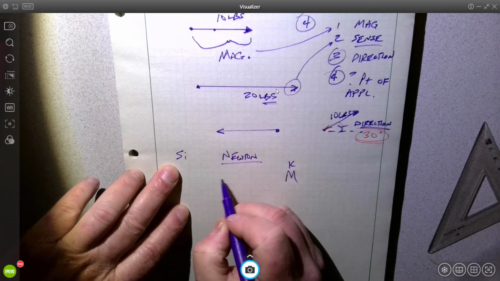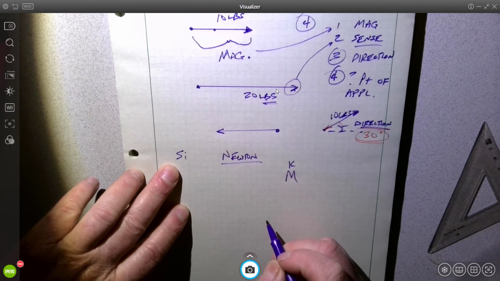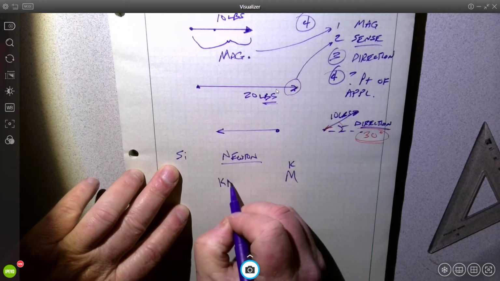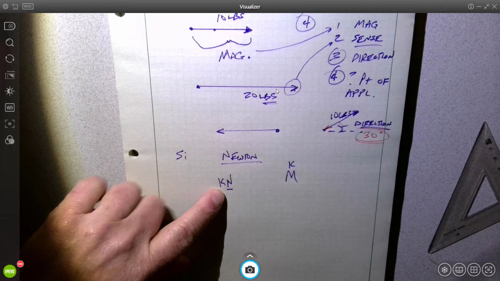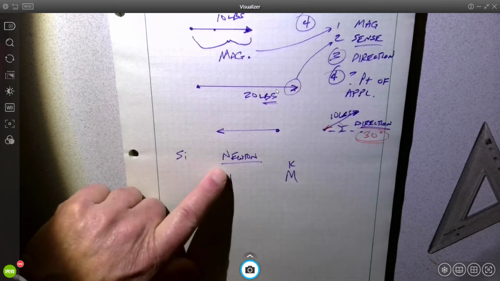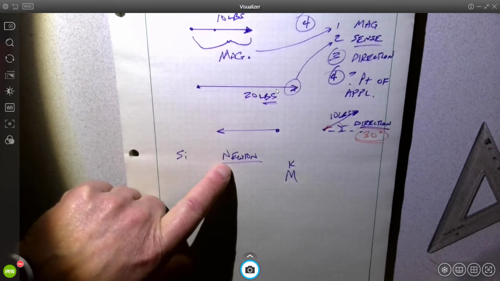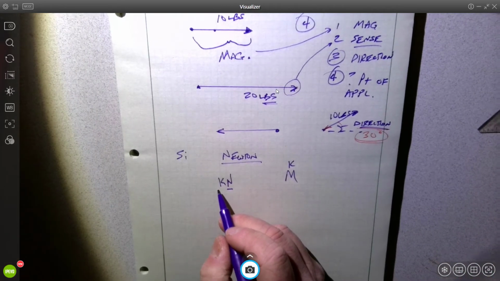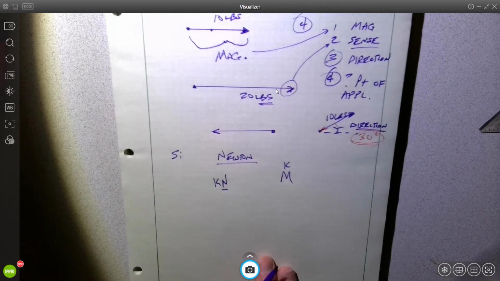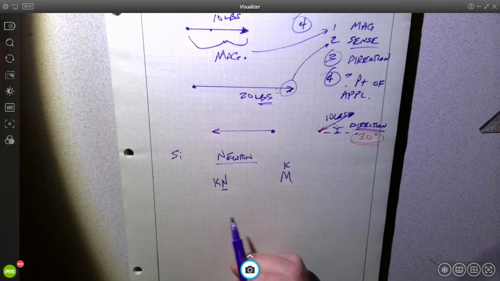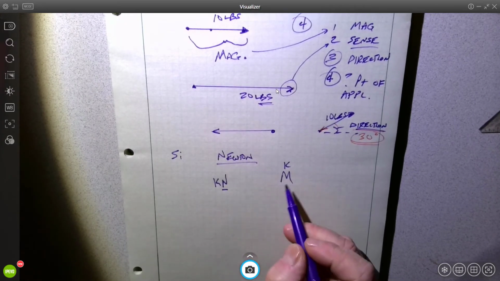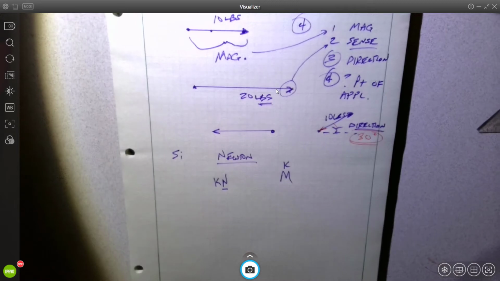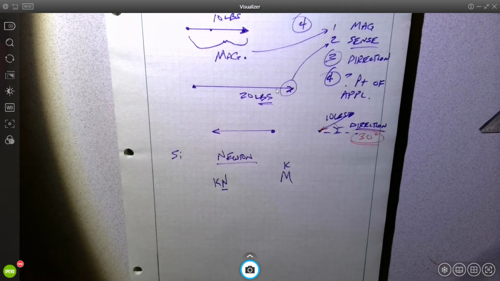So you can put a kilo in front of Newton and get kilonewton. The N is always capitalized because that's the name of a person who came up with this system, right? And then the multiplier or the prefix is always lowercase, unless it's mega, and then it's a large M. Anyway, you'll kind of catch on to that. We're going to work in both systems.